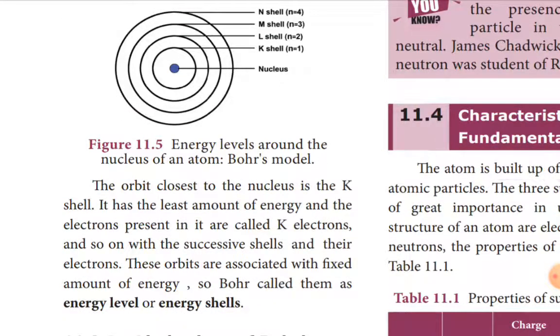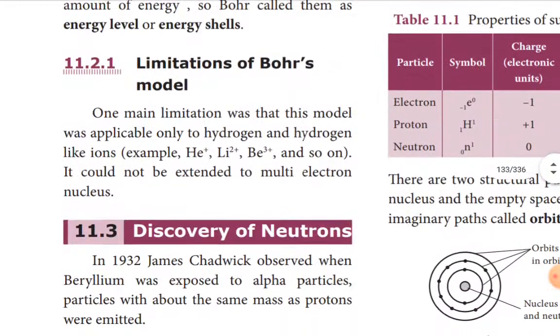Bohr told energy levels or energy shells, because each orbit is associated with a fixed amount of energy. Also there is a limitation, because this model explains only very simple atoms like hydrogen, helium, lithium, beryllium.